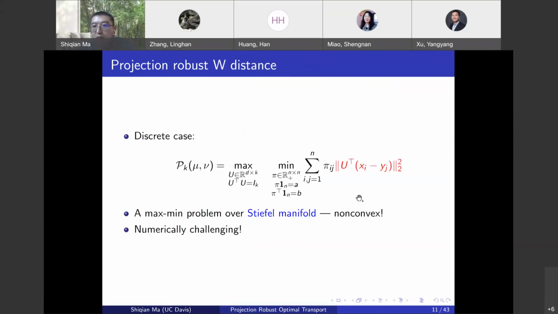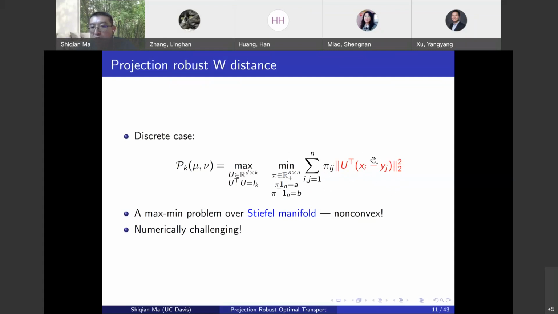If we consider the discrete case, we know that the Wasserstein distance corresponds to a linear programming problem. This part is a minimization problem, and the decision variable is pi, the optimal transportation plan. The red part here is the distance between the projected data. Originally I have x_i and y_j, the original data, and then here I have a matrix U: the squared 2-norm of U transpose (x_i minus y_j).